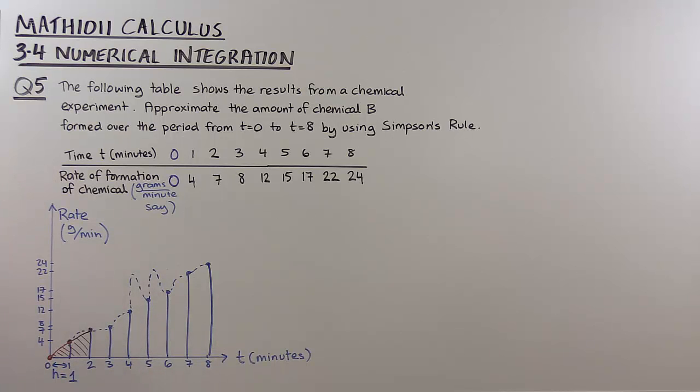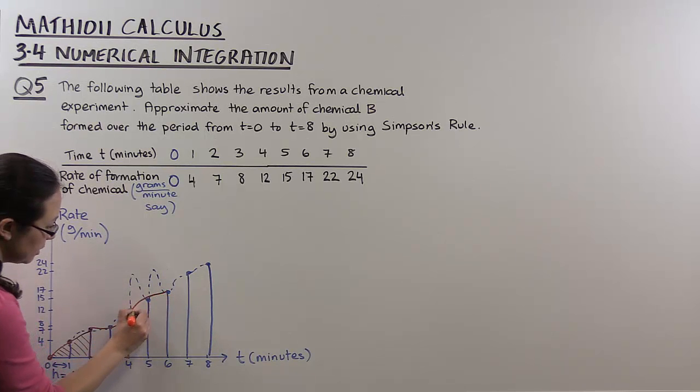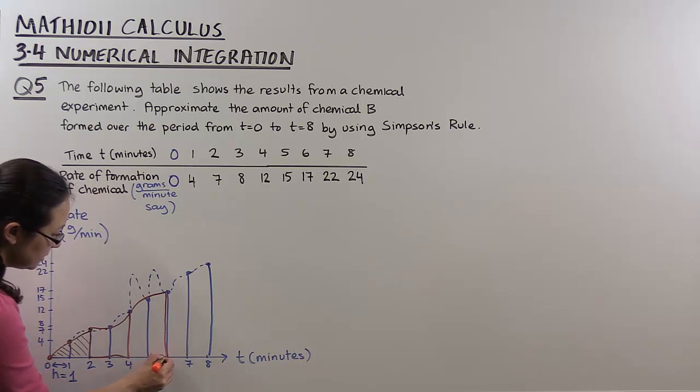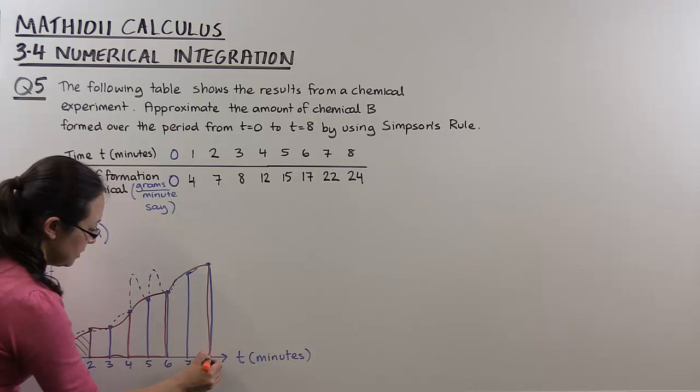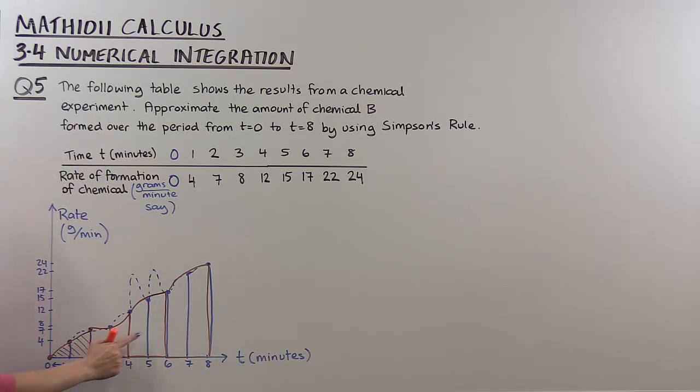Okay, so we'll have to use Simpson's Rule a couple of times. We'll have to use it for this pair here. Then there's another parabola through those 3 points. So we'll use it for this panel here. There's another parabola through those 3 points. And there's another parabola through those 3 points there. So we'll have to apply Simpson's Rule 4 times if we want to use all the information that we were given in the question.